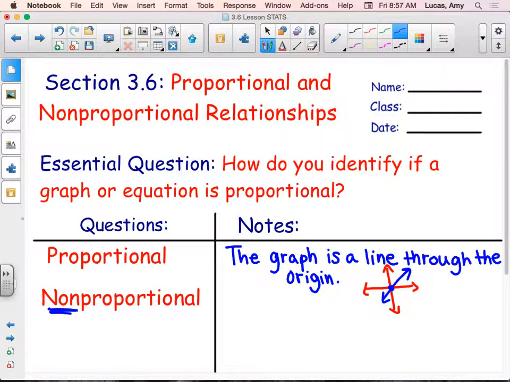Non-proportional then, with the prefix non in front of it, you can probably figure out what that means. The graph is a line that does not go through the origin.